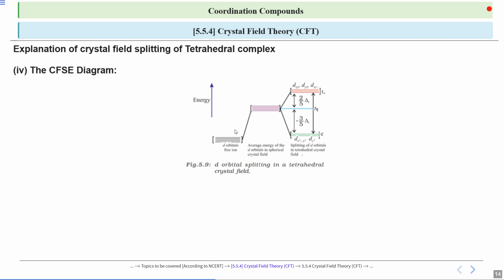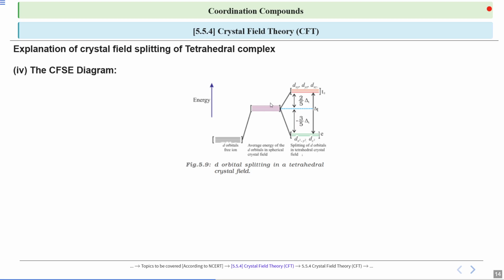When the ligands move close to the central metal ion and enter its spherical symmetrical electrostatic field, the energy of these five d orbitals is raised due to the repulsion between electrons from the ligands and those in the metal d orbitals. The electron repulsion raises the energy, but they are still degenerate.